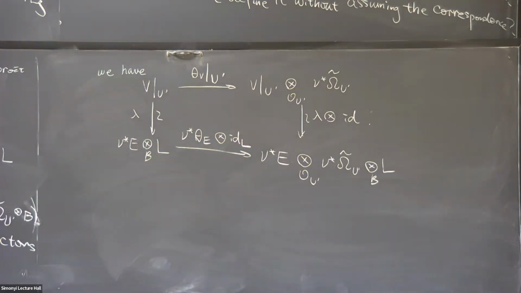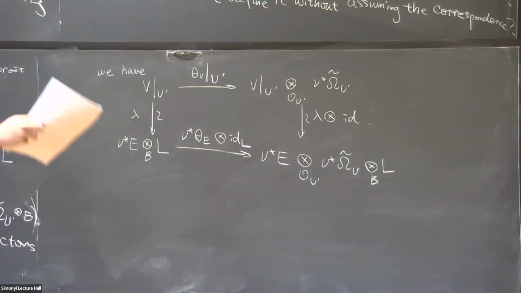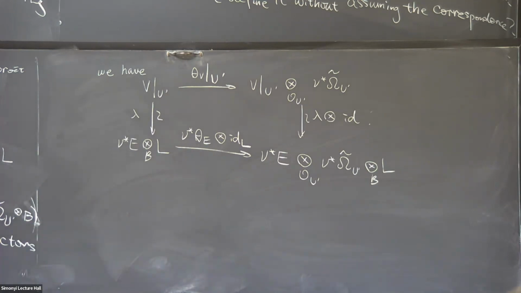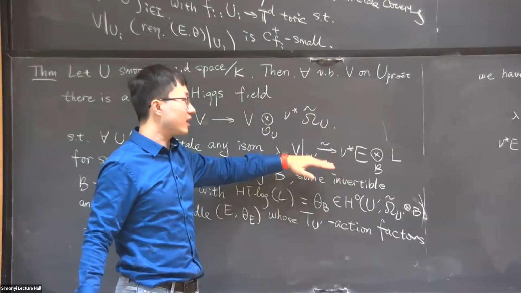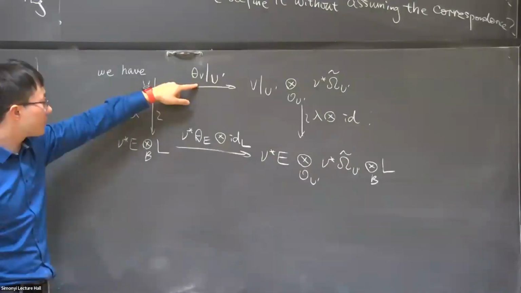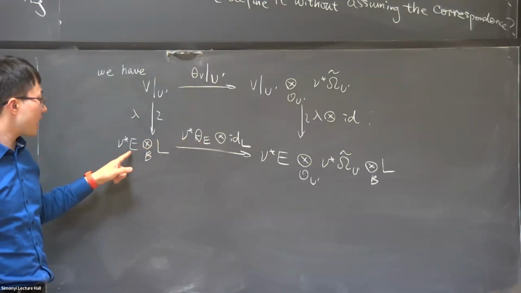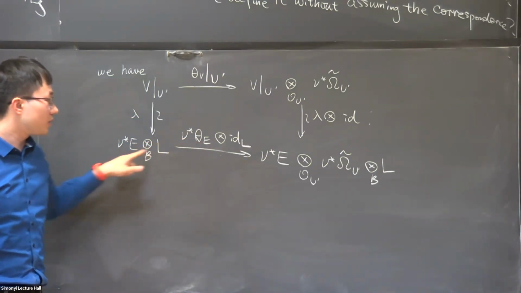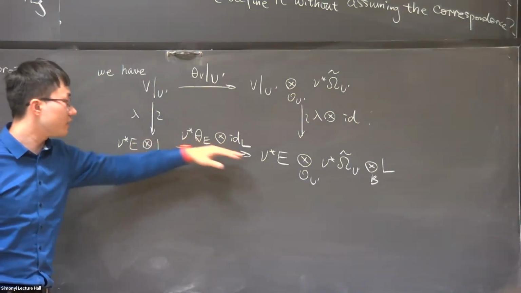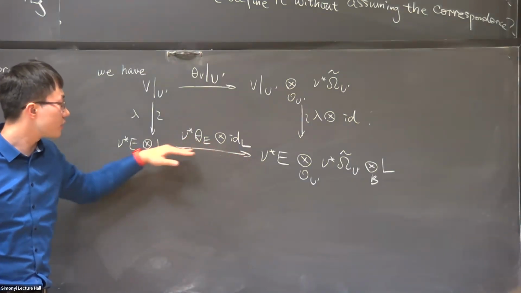Wait, so can you reverse engineer this? If you just started off with a pro-étale bundle, can you find a P out of this? If I start with the pro-étale bundle V, then by the local global comparison, we know that étale locally it has such a form. Then étale locally I define this theta V like this, like the Higgs field acts on the corresponding local Higgs bundle, and it will give you geometric Sen operators.